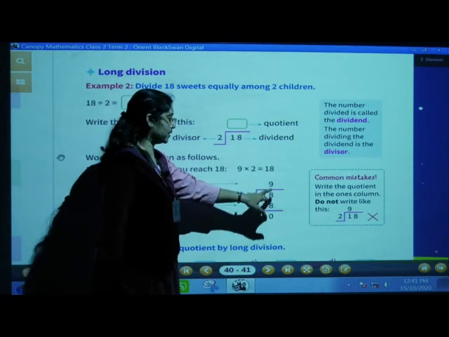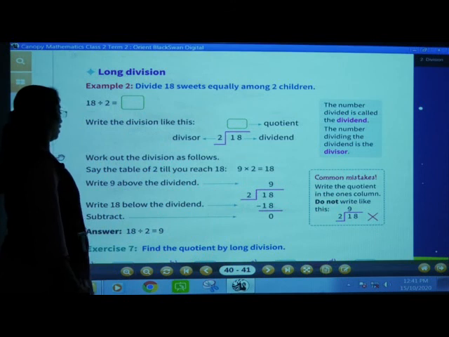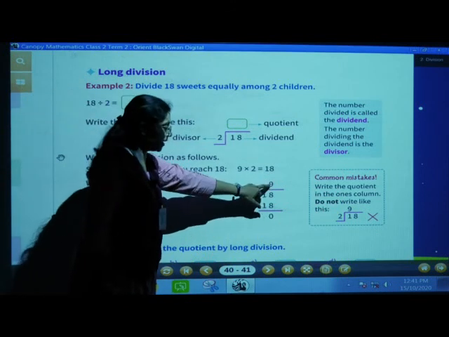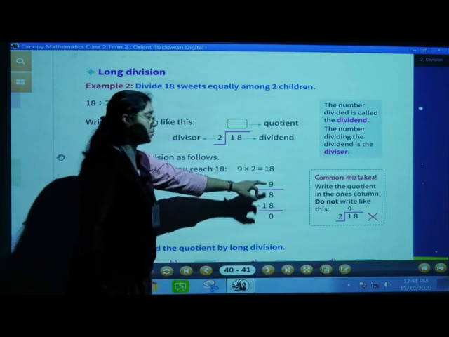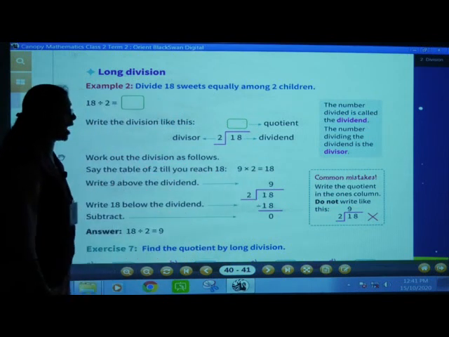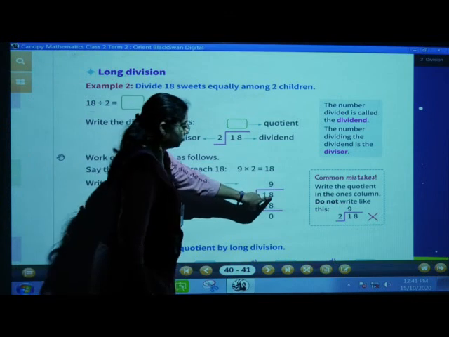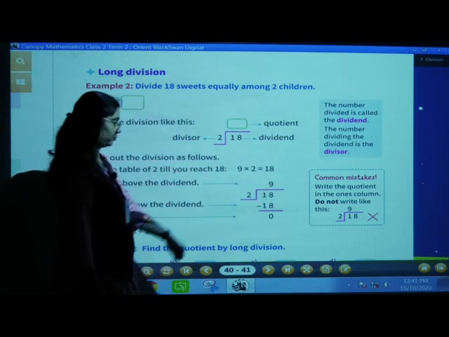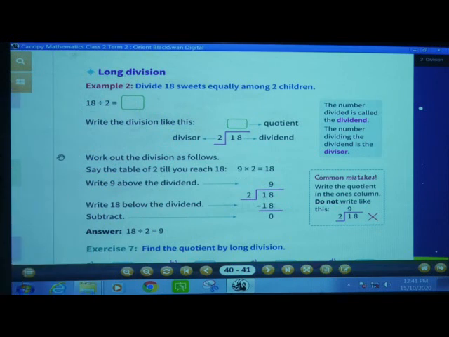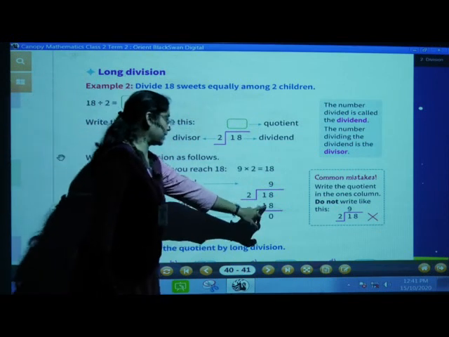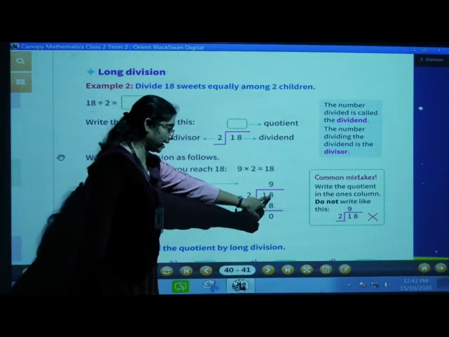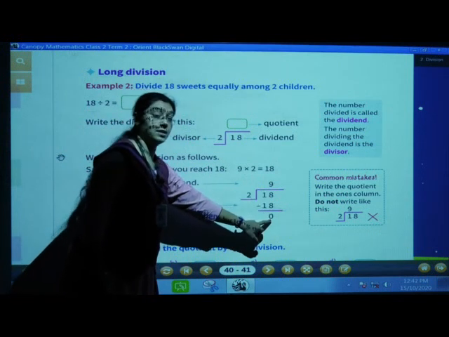Write 9 above the dividend, but we have to write 9 in the ones column. Don't write in the tens column. Then we write this 18 below the dividend. Then we subtract 18 minus 18, 0.